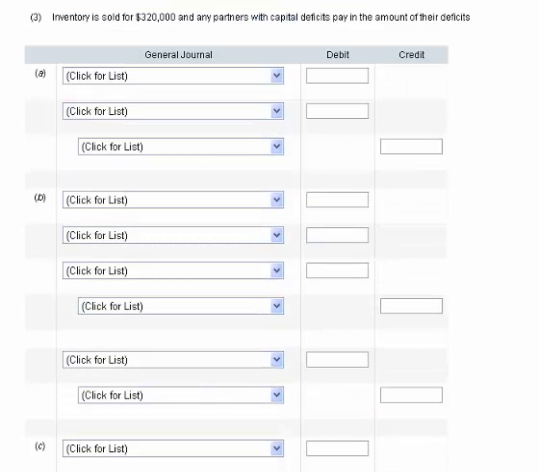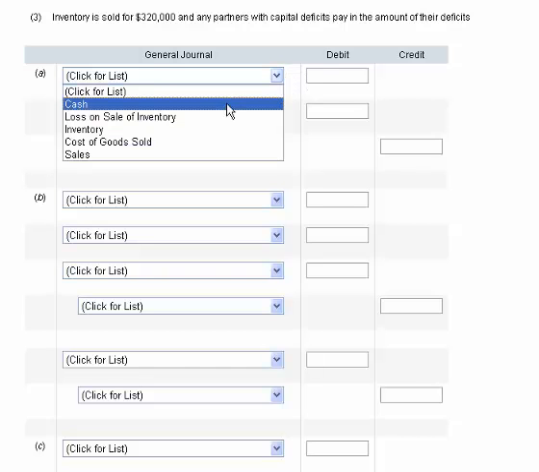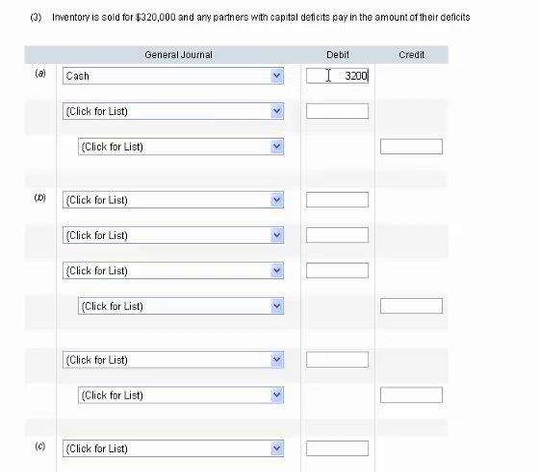Now we move on to the third case. In the third case we sell inventory for $320,000. So we're going to collect cash of $320,000, and the inventory still had that same value of $537,200. So now we've got a loss of $217,200.